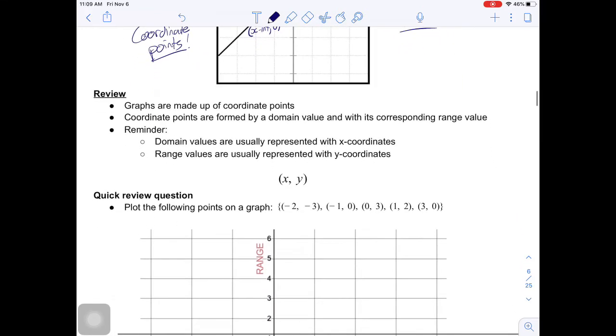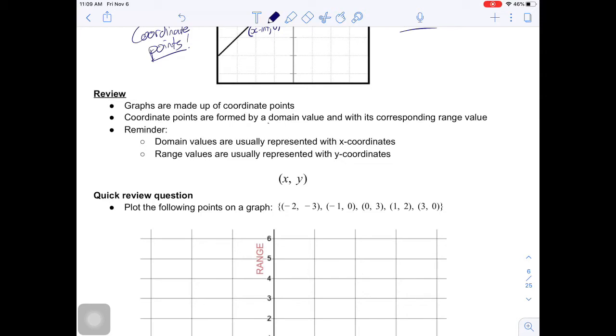Coordinate points are formed by domain values and their corresponding range values. So, just a little reminder, domain values are usually represented with x coordinates. Range values are usually represented with y coordinates.